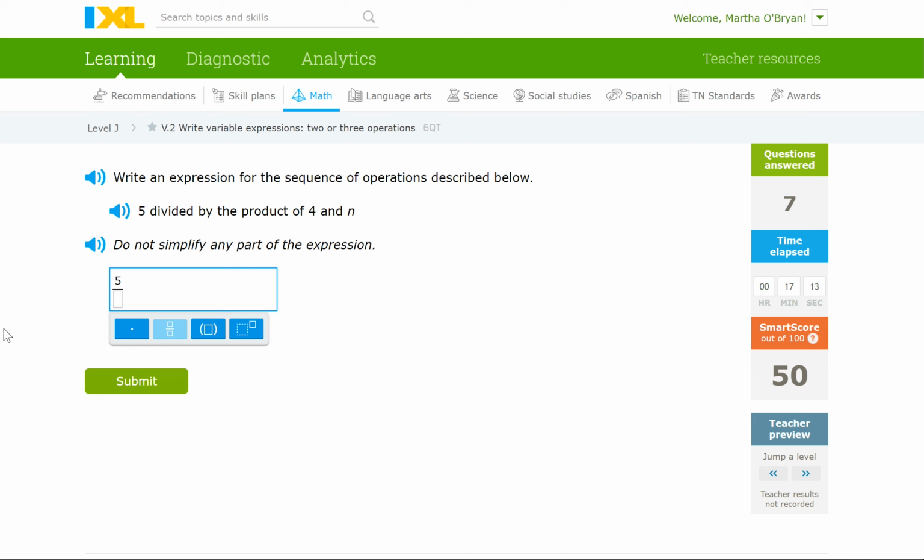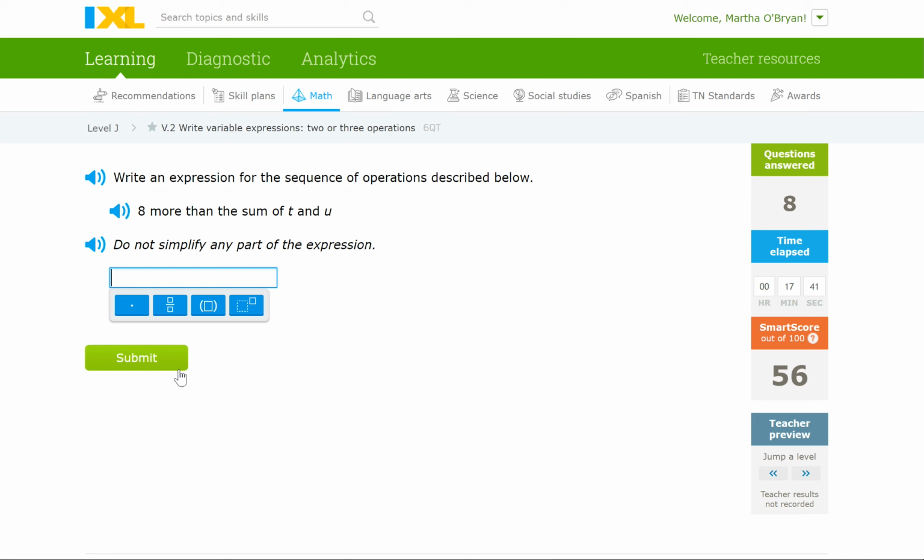With numbers and variables, you can always just write the number and the variable, 4n. That implies that you're multiplying the two. You can also use this little dot, 4 times n. You actually don't need parentheses here, because remember that multiplication and division, you can do them in any order, so no parentheses are needed.